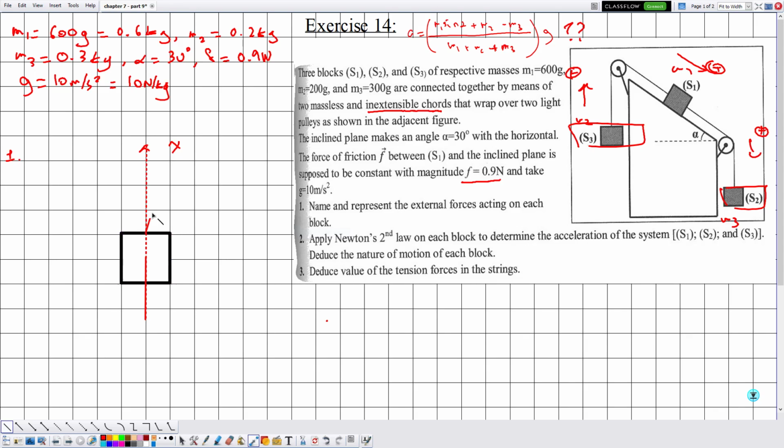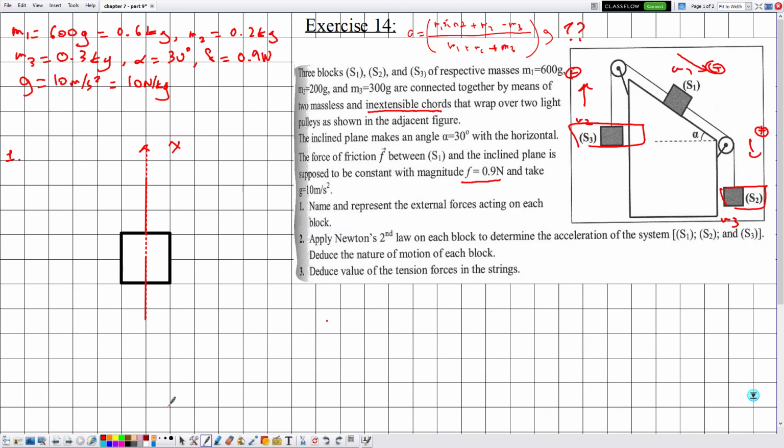And we have the tension T3 along the cord, which is acting vertically upward like this. So we have the weight W3 and the tension T3 for S3.